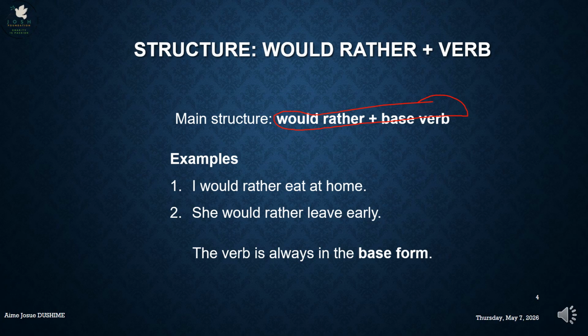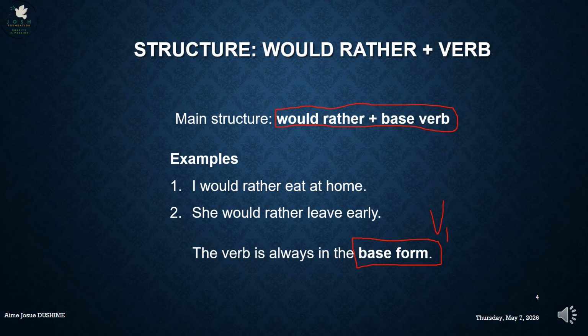I have written it wrongly. Let me try to mark it very well. In this structure, what do we mean by that? We mean that always, always, always would rather is followed by a V1, which is a base form of the verb.